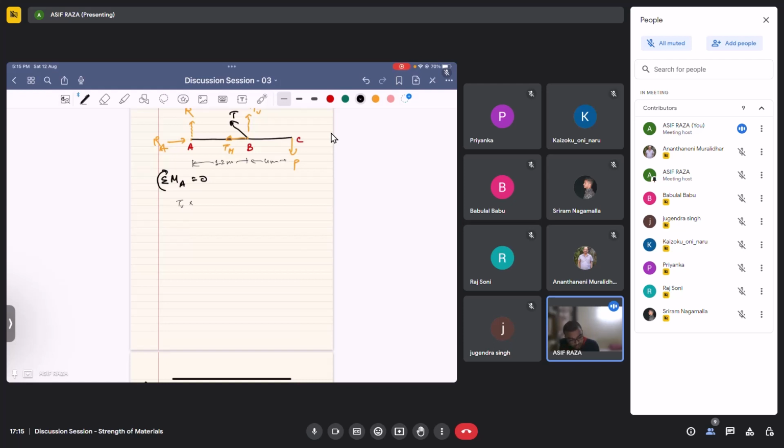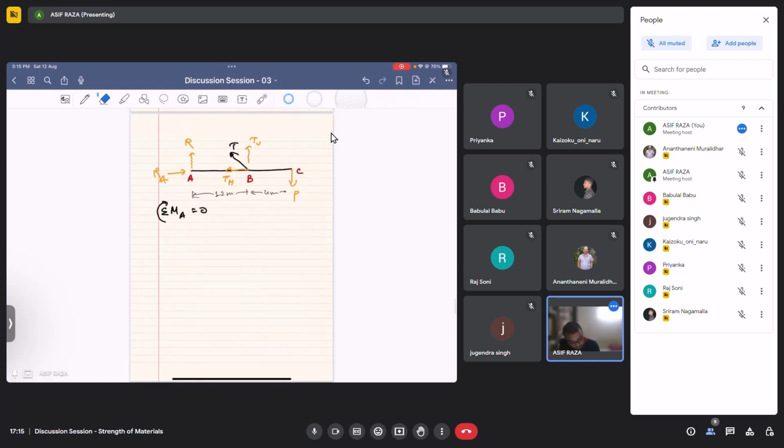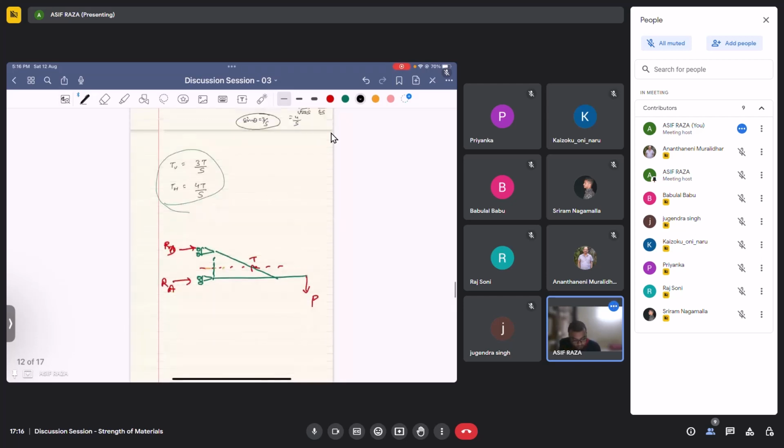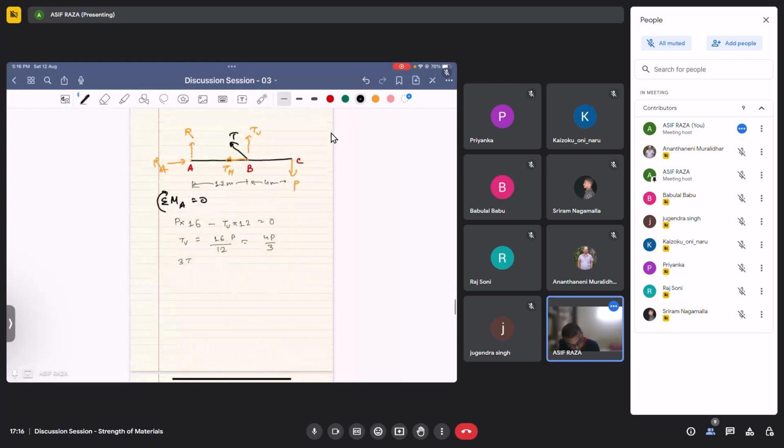This is 12 meter, and this is 4 meter, right? So P times 16 minus TV times 12 is equal to 0, and TV would be equal to 16P by 12, that is 4P by 3, and TV is 3T by 5. 4P by 3 implies T is equal to 20P upon 9.